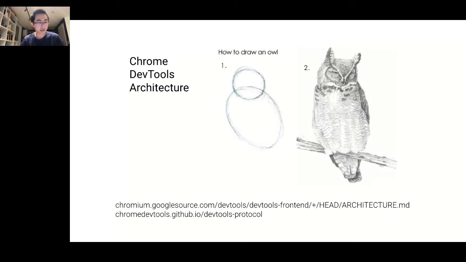This also links into the next talk in this series. Puppeteer also uses the Chrome DevTools Protocol to essentially remote control Chrome. And so if you consider it this way, both Puppeteer and the DevTools frontend are just clients of the same backend.